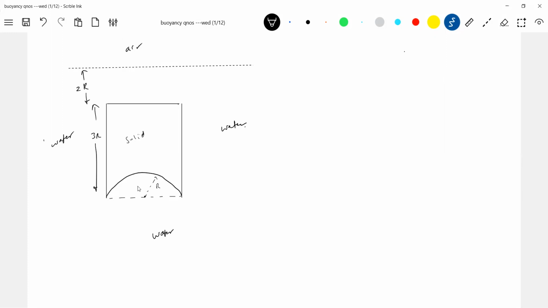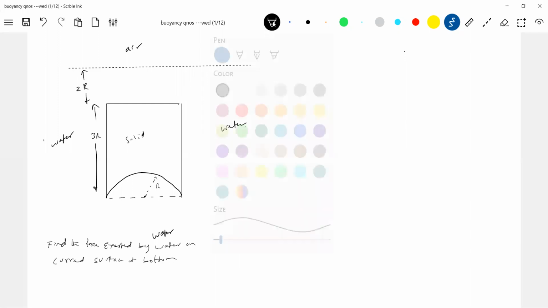So what is the force exerted by water on the curved surface at the bottom of the cylinder? What you have to find out is the force exerted by water on the curved surface of the bottom.